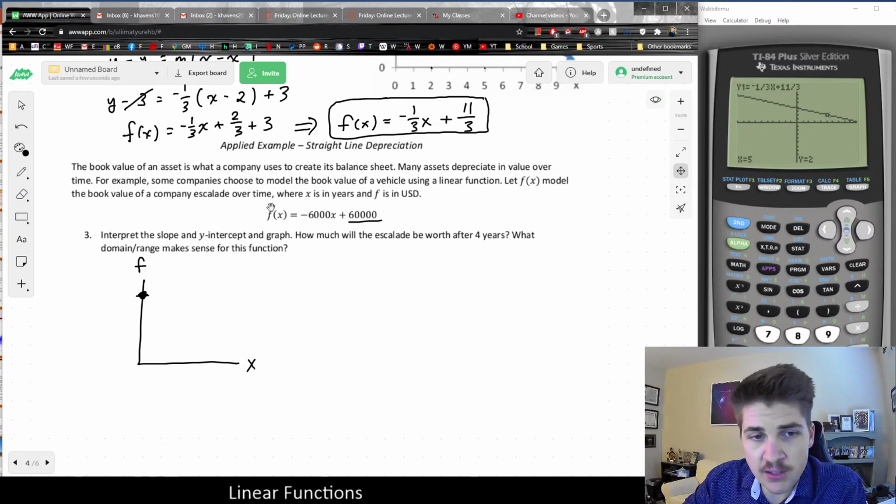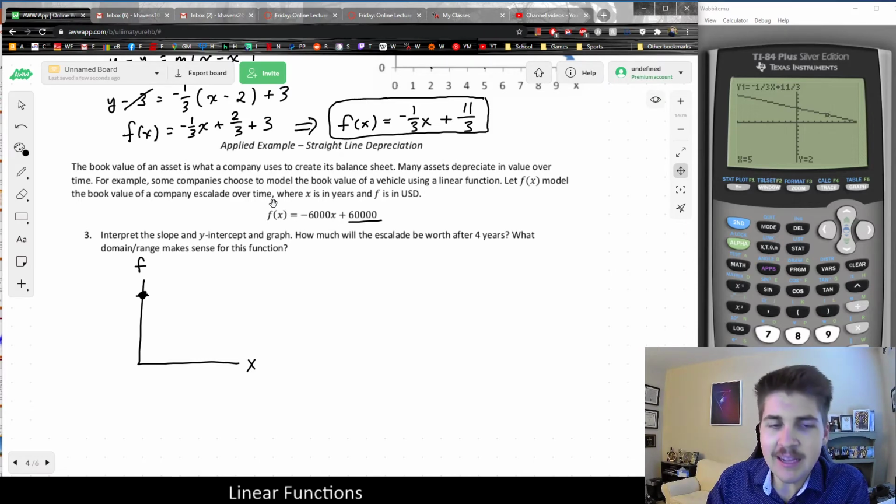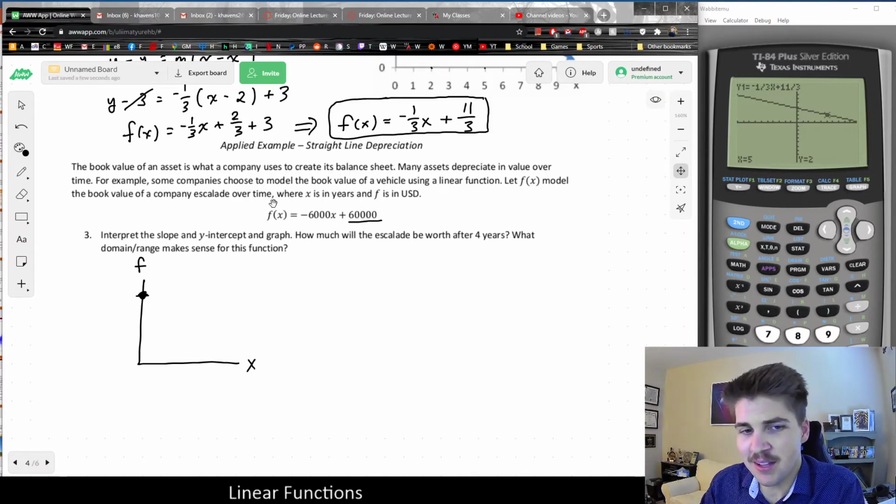And the value of the Escalade doesn't really make sense to be negative either, though technically if you have a car that doesn't work and looks horrible, maybe it's worth negative money and you'd like to pay someone to get rid of it. But usually, a lot of times, negatives do not make sense in real problems.